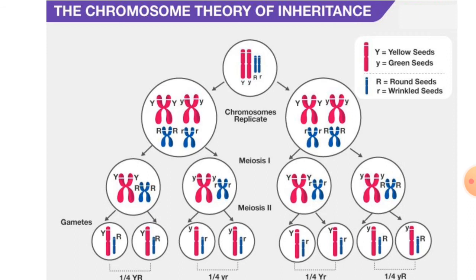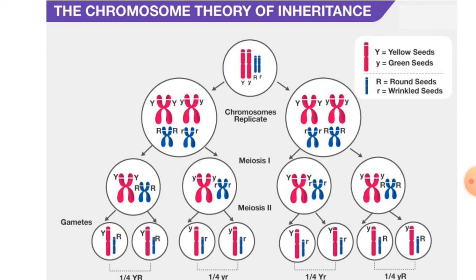You see here the YY and the RR chromosomes. This is a hybrid, capital Y, small y in the homologous pair for the color of the seed, whereas the round and the wrinkled shape of the seeds in the next homologous pair is capital R and small r.